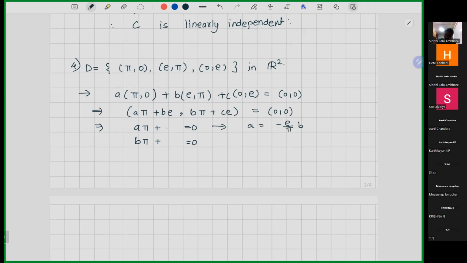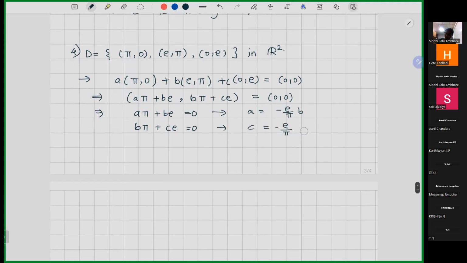And from the second, b pi plus c e is equal to 0, so I get c is equal to minus b pi by e.